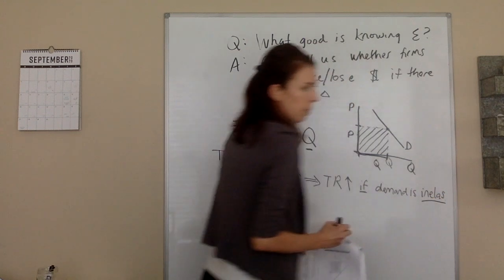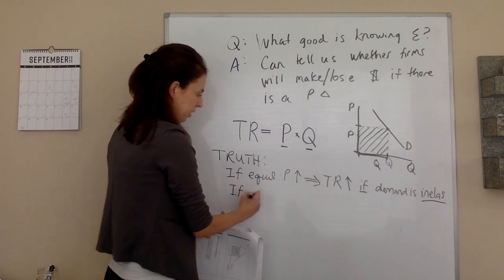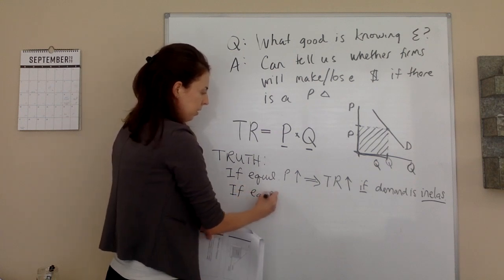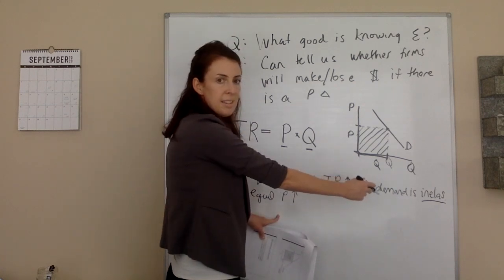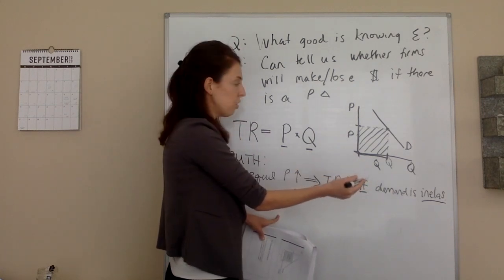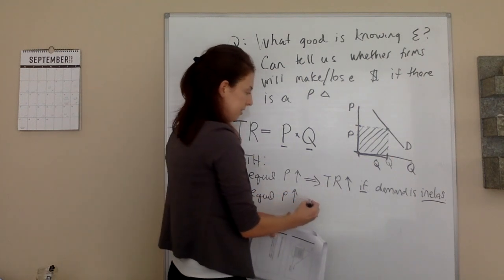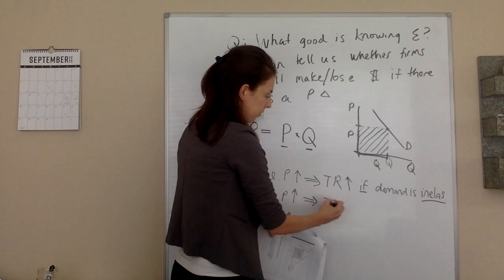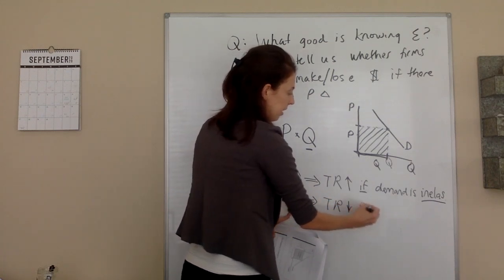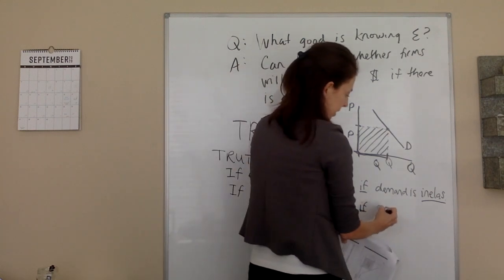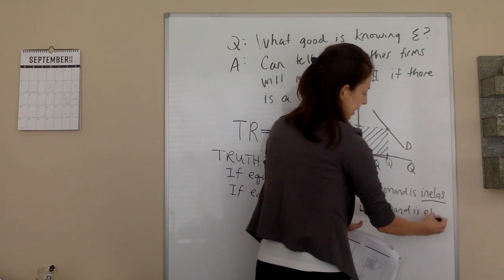If, however, the equilibrium price in the market rises and the demand is elastic, then there's going to be a reduction in total revenue. So if the equilibrium price rises, then the total revenue that the firm gets will fall if the demand for the product in the market is elastic.